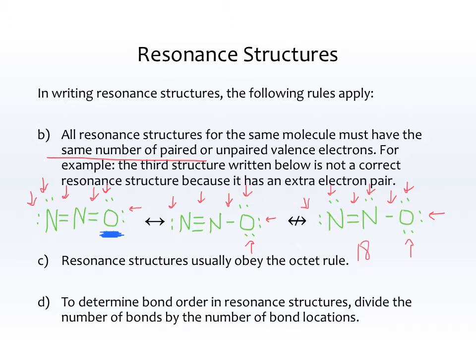So 18 electrons for the structure on the far right, and 16 electrons for the two structures on the left and in the middle. So the one on the far right cannot be a resonance structure of the other two. Resonance structures usually obey the octet rule, and to determine the bond order in resonance structures, divide the number of bonds by the number of bond locations. I'll get to that in more detail in just a second.